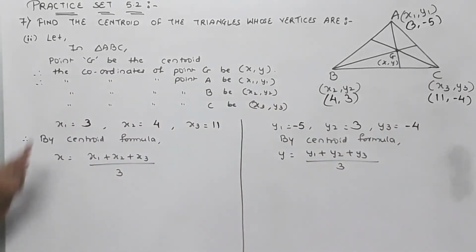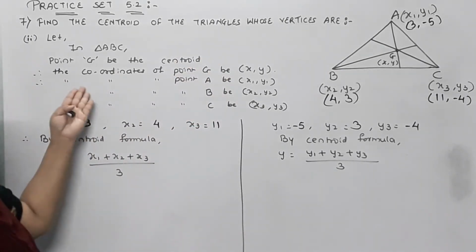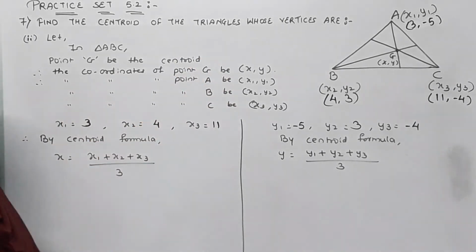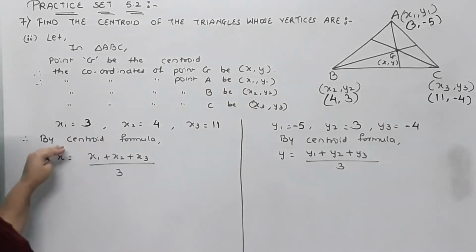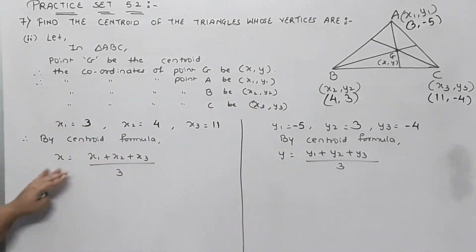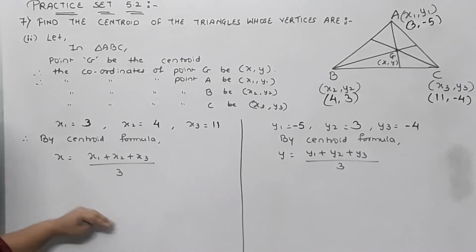Okay. Now again you have to write, let in triangle ABC point G be the centroid. The coordinates of point G be x and y. Coordinates of point A are x1, y1. Of B it is x2, y2, and for C it is x3, y3. Therefore by centroid formula x equals to x1 plus x2 plus x3 upon 3.